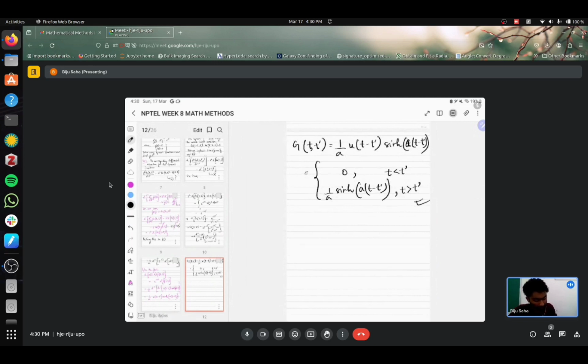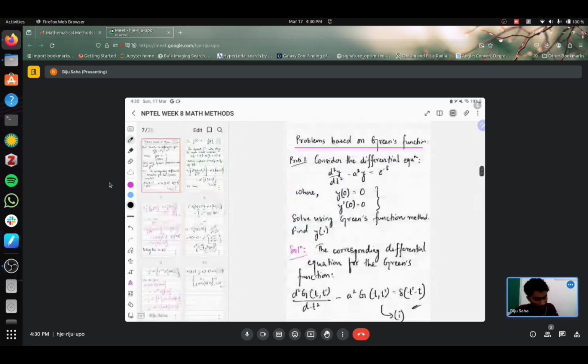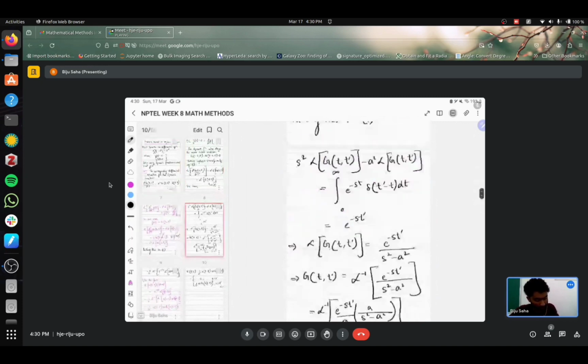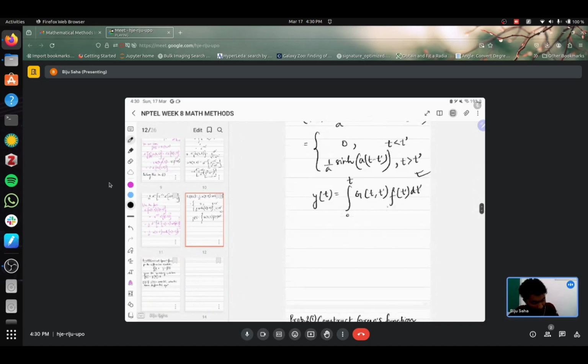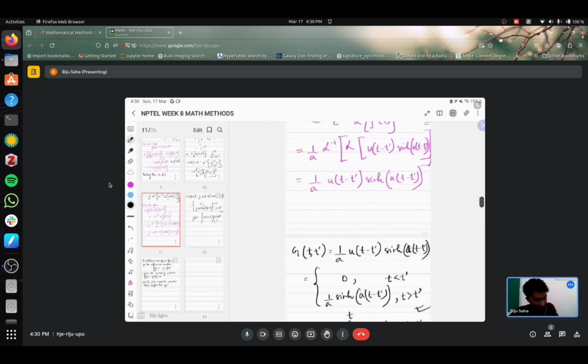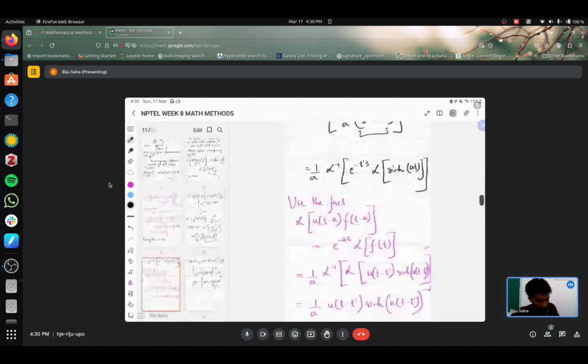Now my function, which was y, because I ultimately had to obtain this functional form of y. Since I have obtained the Green's function, I can write that y(t) is equal to... and this f(t) for this case is the term appearing on the right hand side, that is e to the power minus t.